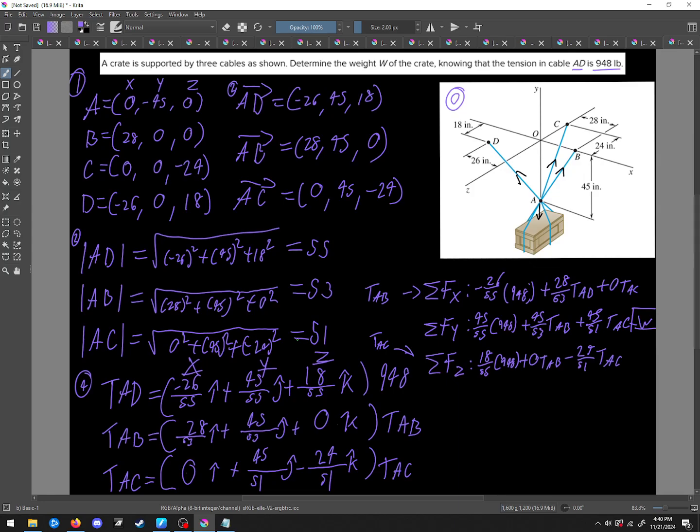What I could do is set up a 3x3 matrix. So let's do that. What this matrix is going to look like is we're going to have right here our TAB, our TAC, and our W. Those are our unknowns, or at least the coefficients of all these.